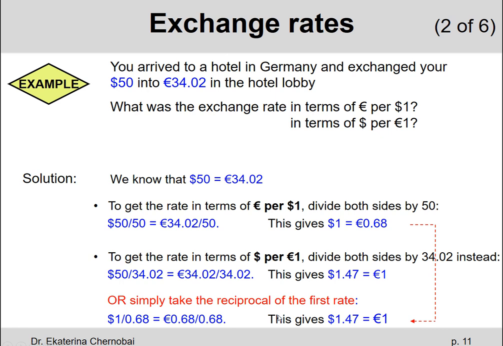And that would give us the same answer. When $1 is divided by 0.68 on the left-hand side, we get $1.47. And then when the right-hand side, 0.68 of a euro, is also divided by 0.68, we get €1 remaining.